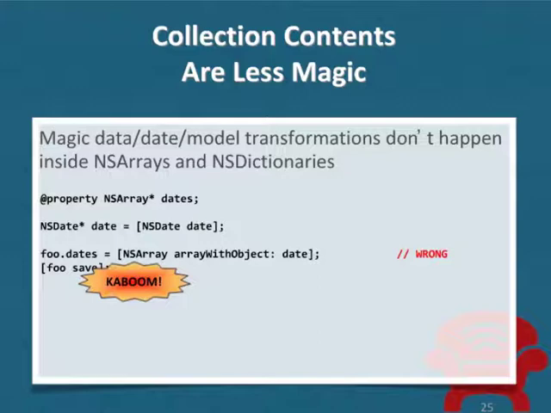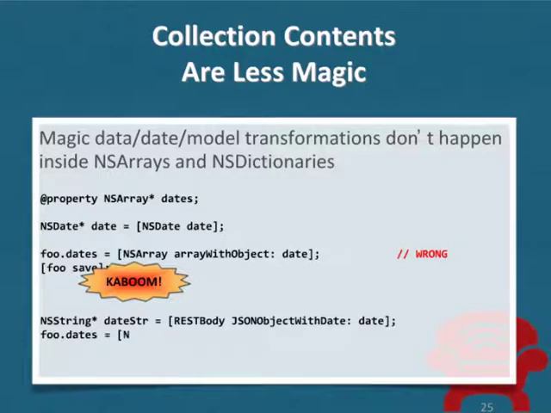It's possible CouchCocoa could do this in the future. It seems like it might get a little expensive, but it's possible. So what you should do instead is do the conversion yourself, which fortunately isn't that difficult. So again, here in the slow typing, we are calling this nice class method on RESTBody that will take an NSDate and convert it into a string for us. And then we put that string into an array and put that into the date property and save.